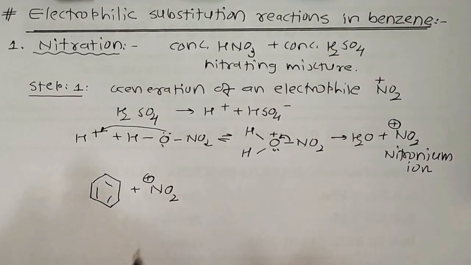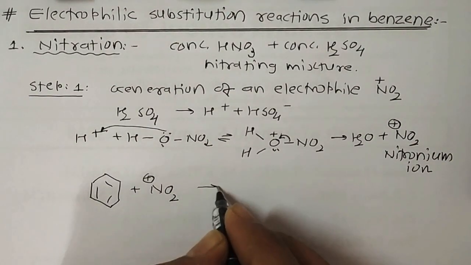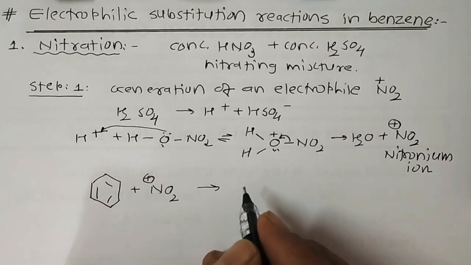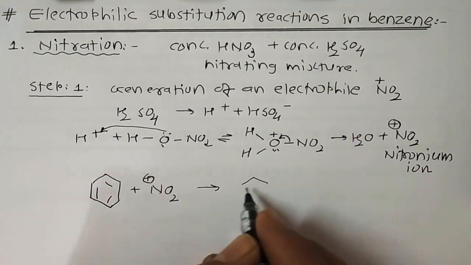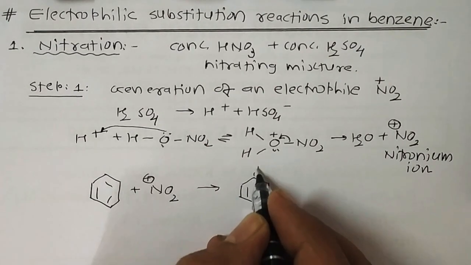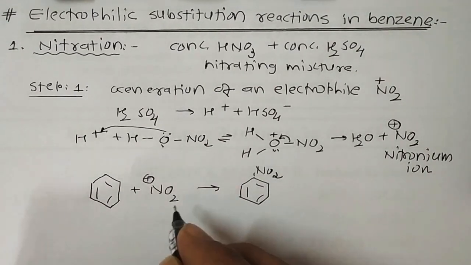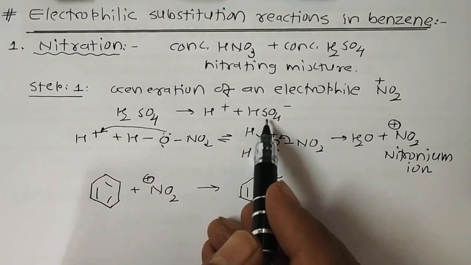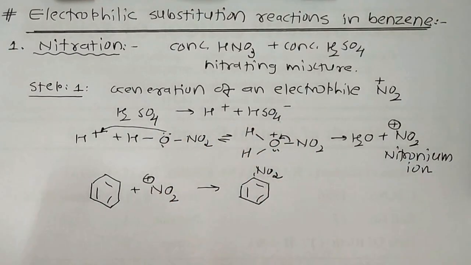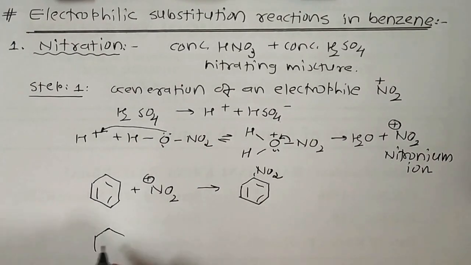Then after the loss of proton we get the compound like that, NO2, and this H plus further reacts with HSO4 minus and is converted into H2SO4.